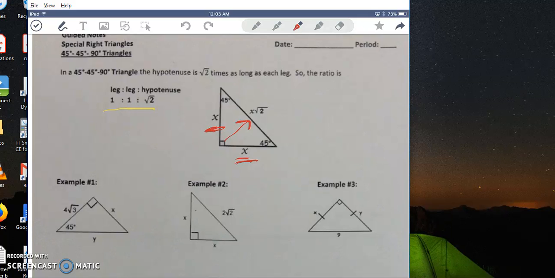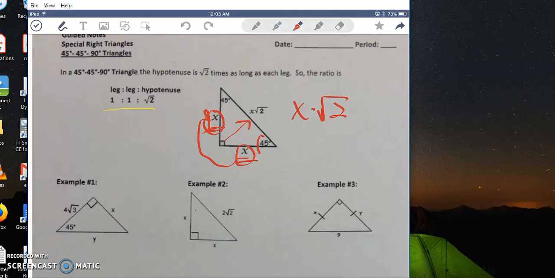So if you have one of the legs, you know it's the same as the other leg, and you multiply that by radical 2 to get the hypotenuse.